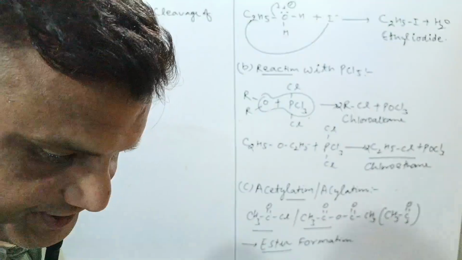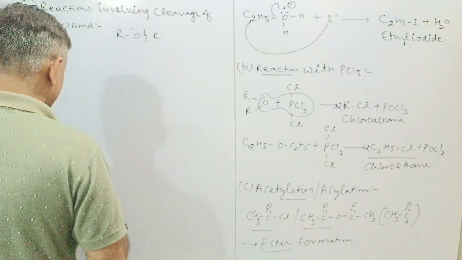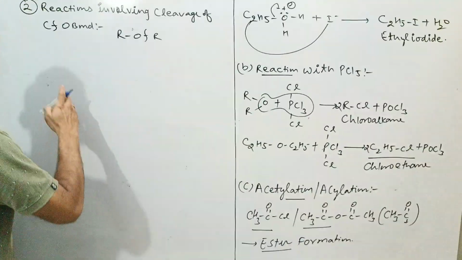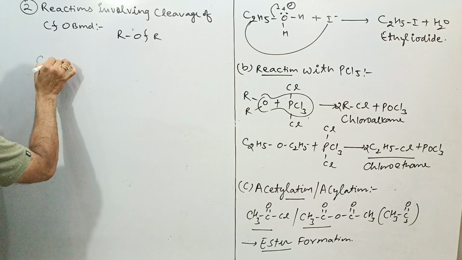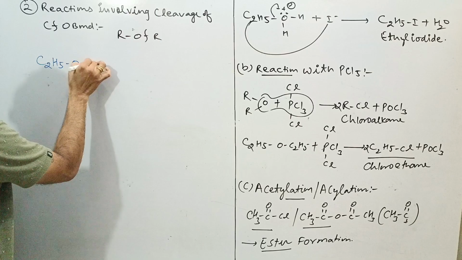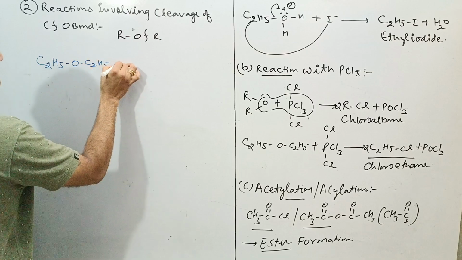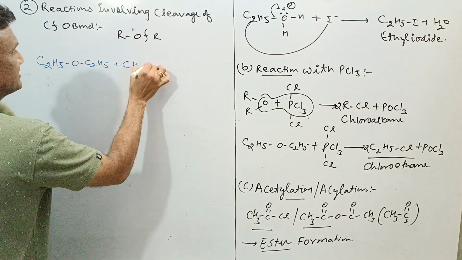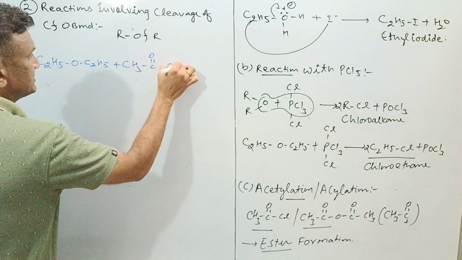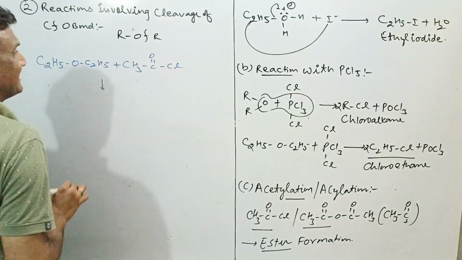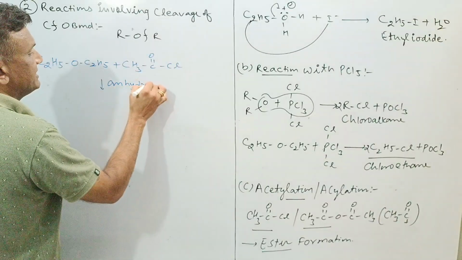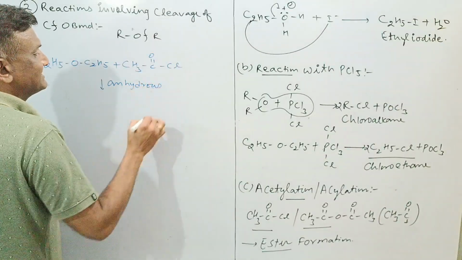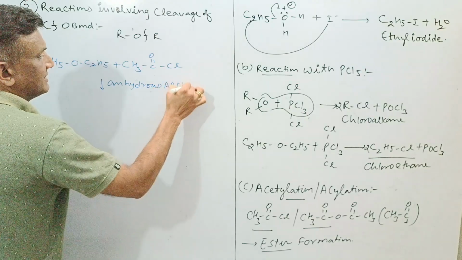Regarding the acylation reaction, this is C2H5OC2H5 with CH3COCl. We can use anhydrous AlCl3, or you can say a Lewis acid.